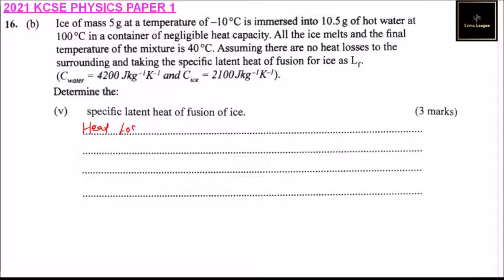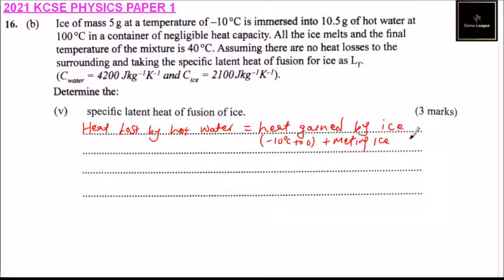Heat gained by ice means from minus 10 degrees centigrade to 0, then you add the melting of ice, and you add the melted ice up to 40 degrees centigrade.